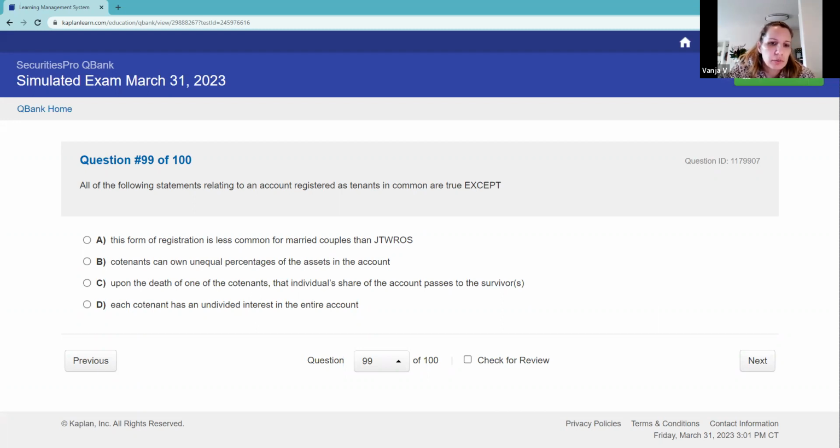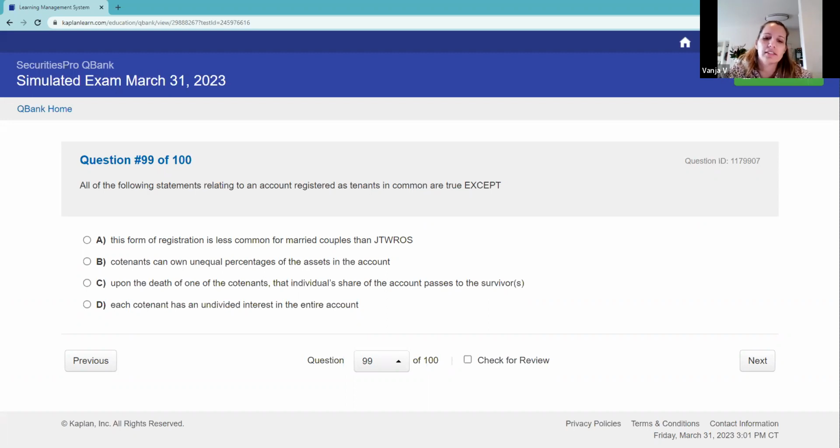Upon the death of one of the co-tenants, the individual's share of the account passes to the survivor. No. Each co-tenant has an undivided interest in the entire account. True, except upon the death of one of the co-tenants, the individual share of the account passes to the survivors.